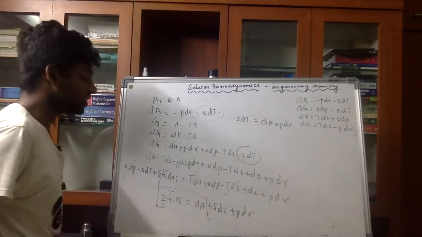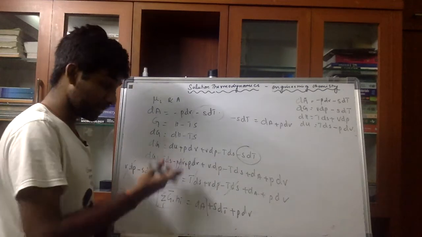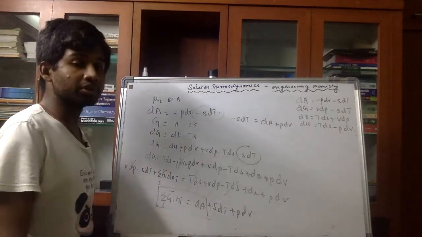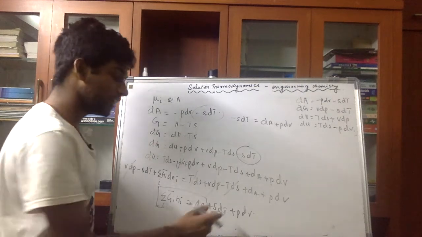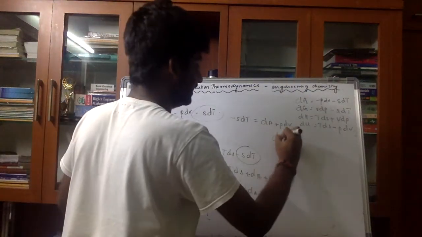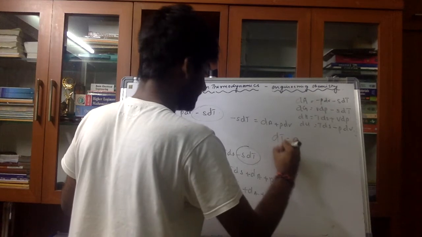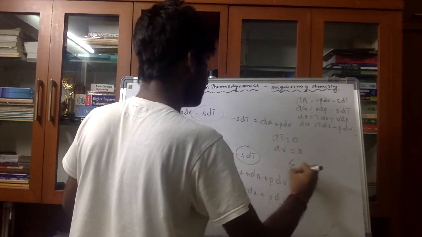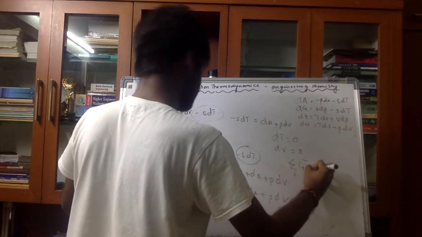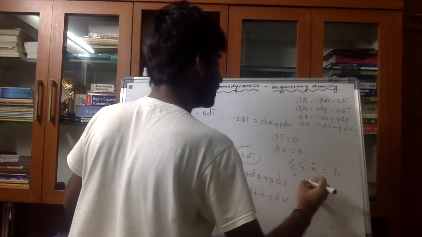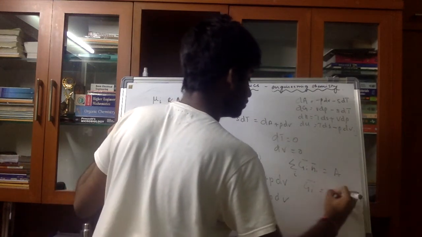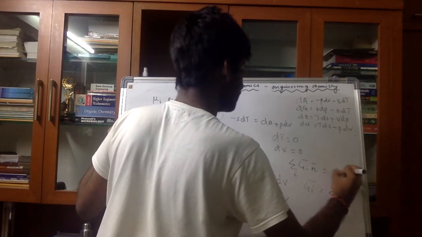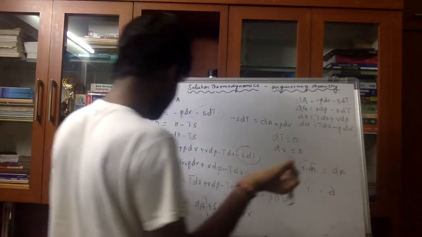When will sigma I gi bar dni be equal to dA, which is a change in your Helmholtz potential? When your dT becomes 0 and dV equal to 0. I can write this as gi bar equal to dA, and again dni.